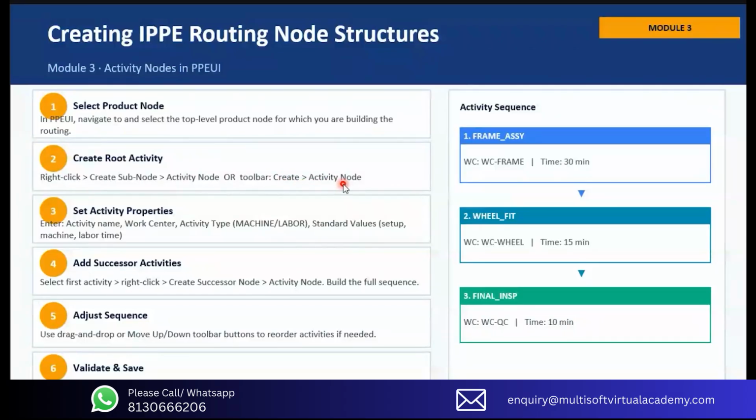You put your cursor on the product node. Let me correlate this with CA01. In CA01, we have a material, right? We enter the material and plant. Without entering a material, I can also create a routing.